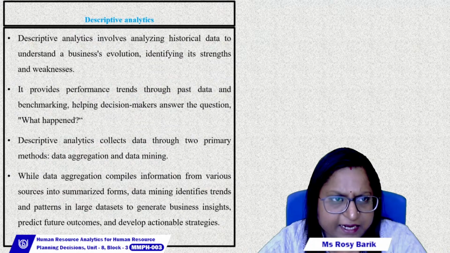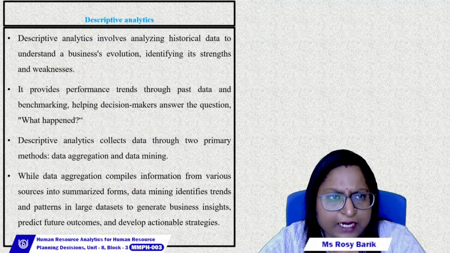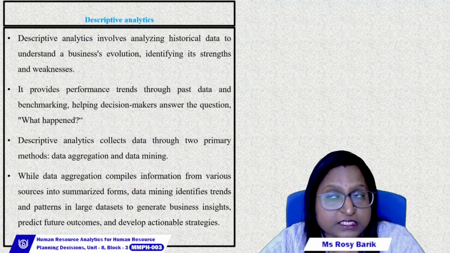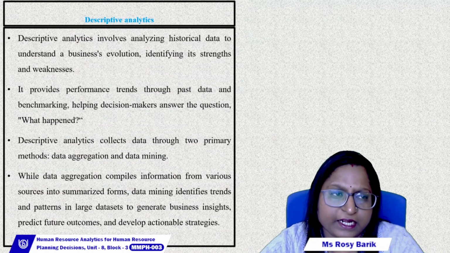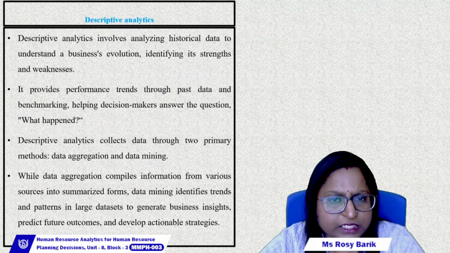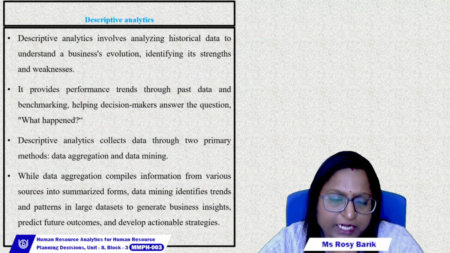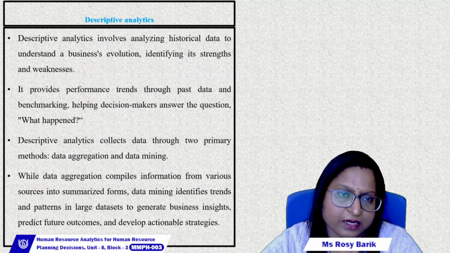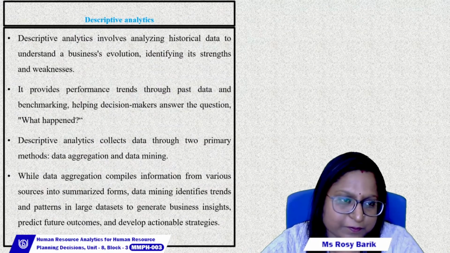So, in this analysis, what happened? The analysis can be done through historical data to understand the business evolution by identifying its strengths and weaknesses. And through this process, what is happening, what will happen and what has already happened can be identified.